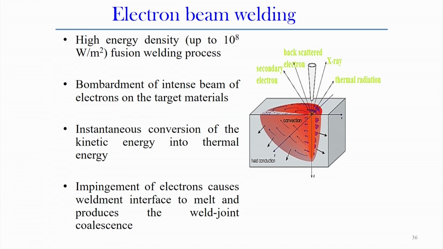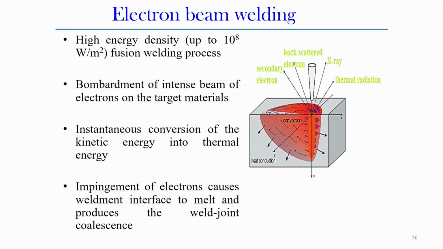When it creates the weld pool volume, due to the bombardment of electrons on the workpiece surface there is also some scattering of secondary electrons, and the temperature becomes so high. So, thermal radiation also happens, that is the heat loss through radiation from the weld volume, and it also creates some X-ray.